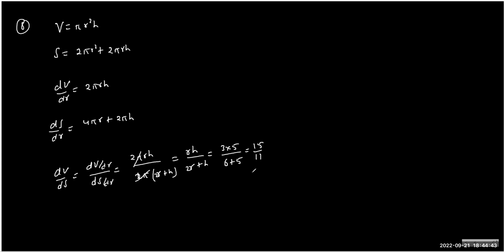So it is coming out to be 15 by 11. Okay, yes, sir. I also got 15 by 11. But I took r as constant. Okay, take h as constant. That's okay. That's fine. Next question.